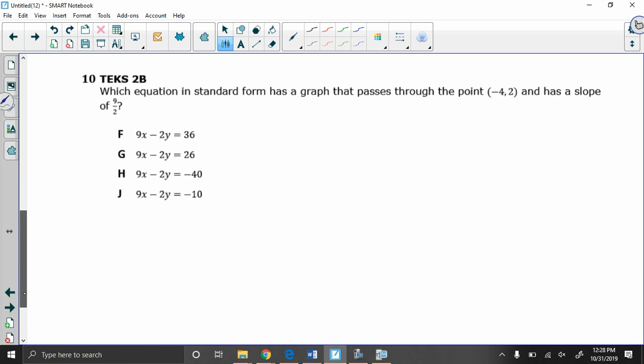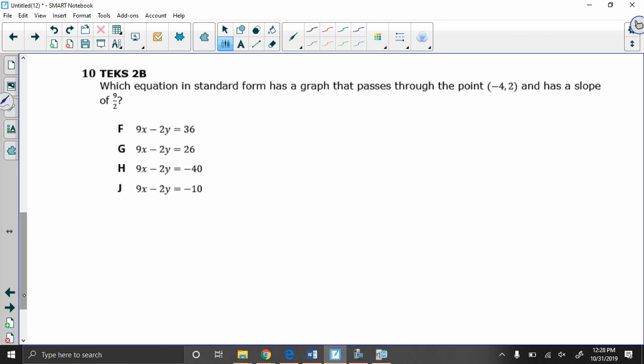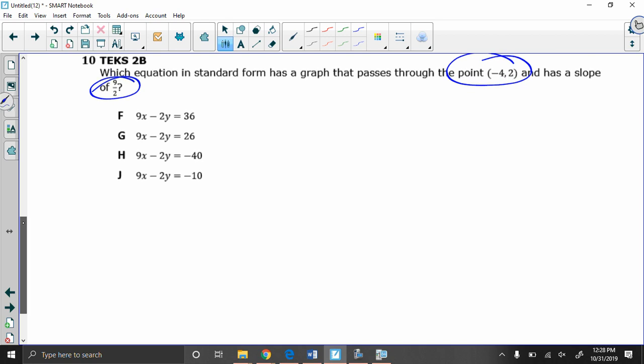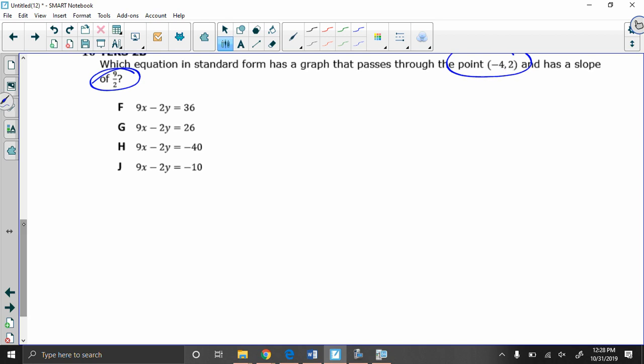Now, number 10, it's asking us which equation in standard form has a graph that passes through the point -4, 2, and has a slope of 9/2. So I'm trying to go to standard form. So our ultimate goal is to get to standard.